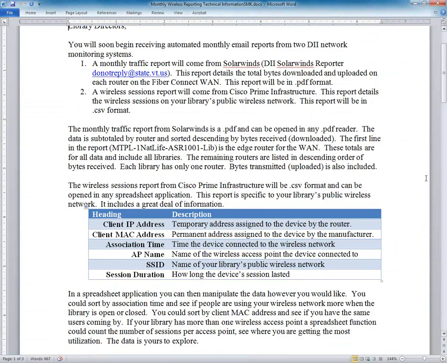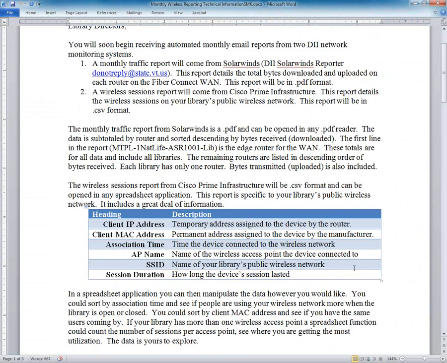So anyway, let's go back to the Word document. Then you get to session duration, how long the device's session lasted. And that does become a factor in how you intend to count your wireless sessions.